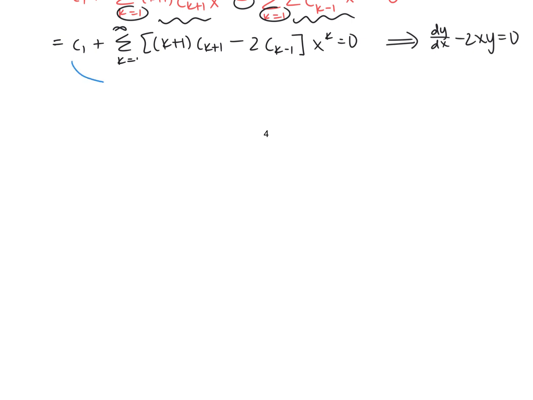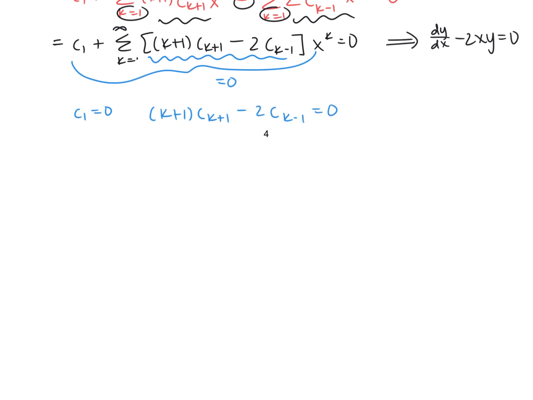Okay, so where we're at. In order for all of this to equal 0, two things need to be true. Firstly, c1 would need to equal 0. And secondly, this constant, so that k plus 1 c k plus 1, subtract 2 c k minus 1, would have to equal 0 for all of the k terms starting at 1.